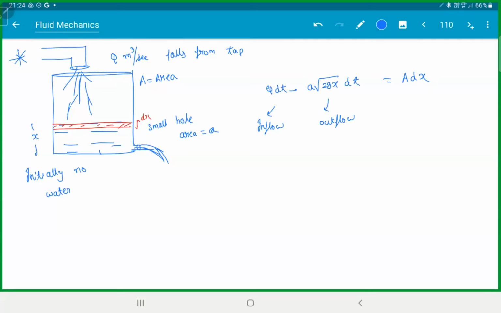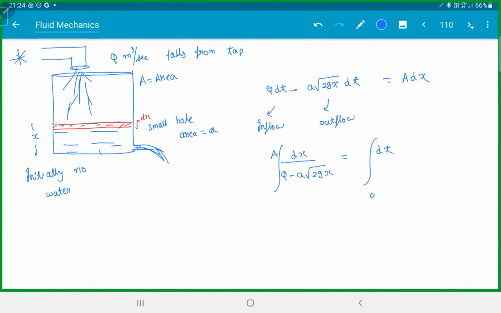Whatever water went outside should be equal to the height increase, A dx. So this will be dx by Q minus A into root 2gx. If I make Q equal to 0, it becomes the previous question. Is equal to dt.